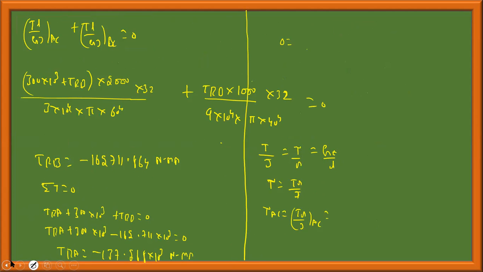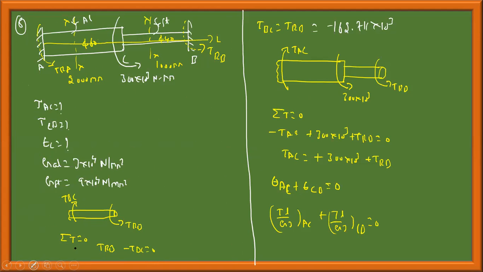And TRA, where we wrote that equation, TAC is equal to this equation, and this is TBC. Give me a moment. TAC is equal to 300 into 10 power 3 plus TRB, minus 162.711 into 10 power 3, which we calculated.